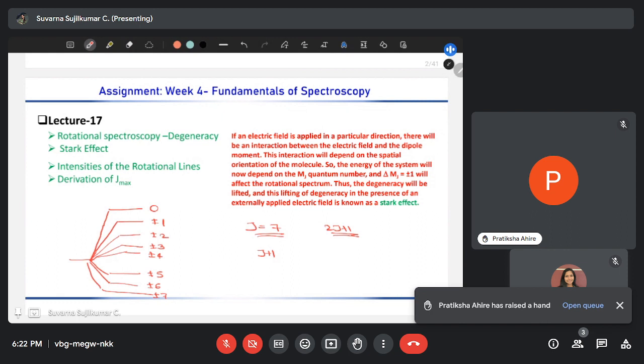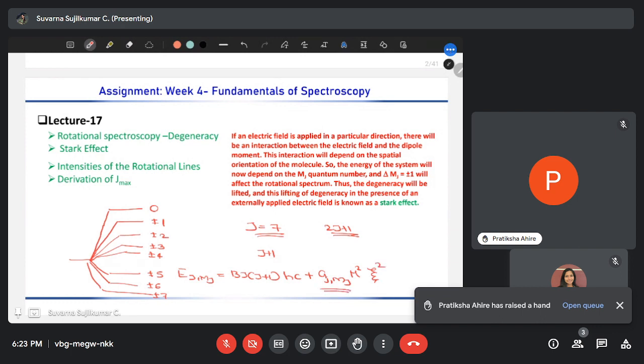The energy for the system depends upon J as well as M_J, and is given by B J (J plus 1) hc plus A_J. There is a constant A, which depends upon both J as well as M_J, and a term which has the component of the electric field.